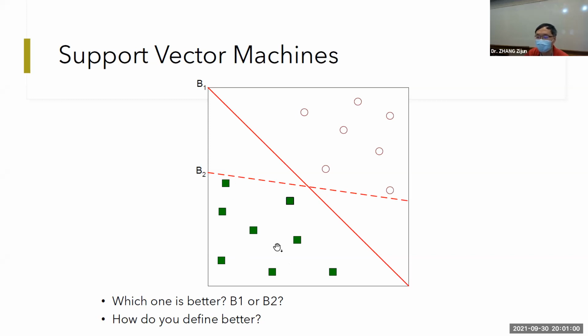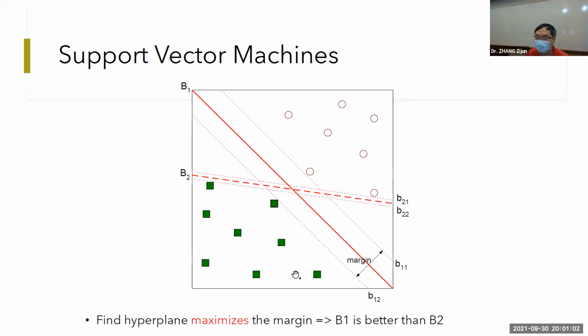And how can we define which one is better? That's the main idea of the support vector machine: based on the linear decision boundary, we want to find a hyperplane which maximizes the margin between two sets of data points.